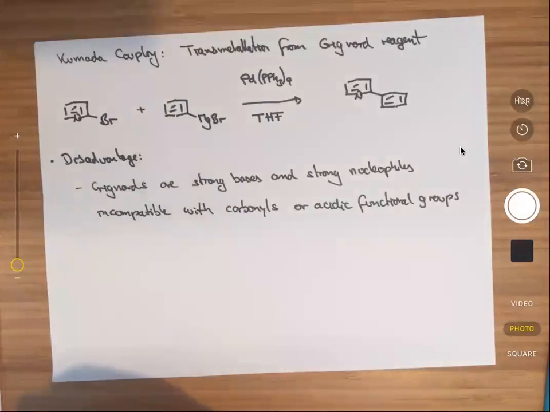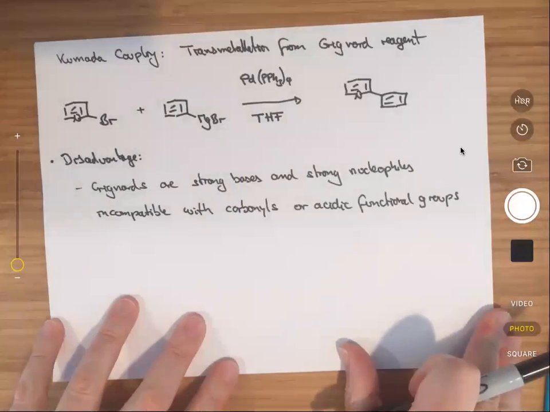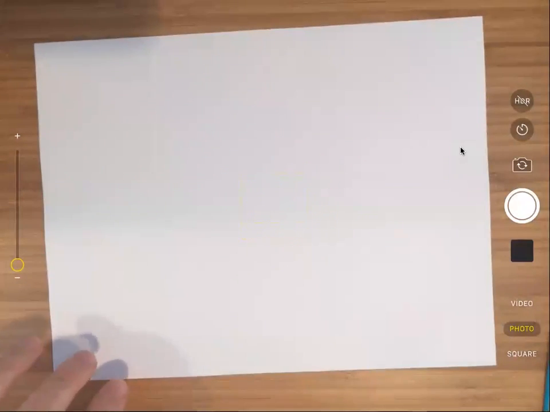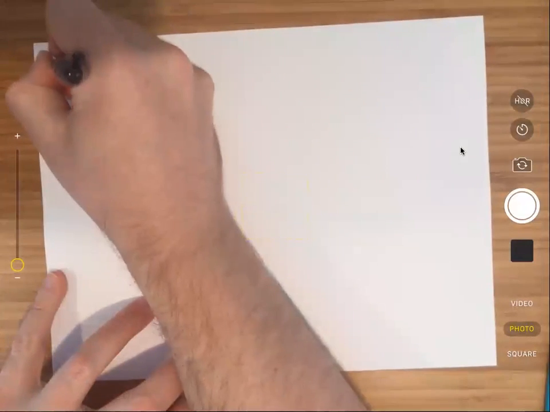The next type of cross-coupling reactions that we want to look at a little bit closer are a little bit more involved because they use additional steps in the catalytic cycle that we have not seen so far. And the first one that we want to look at is actually the Sonogashira coupling. So Sonogashira.